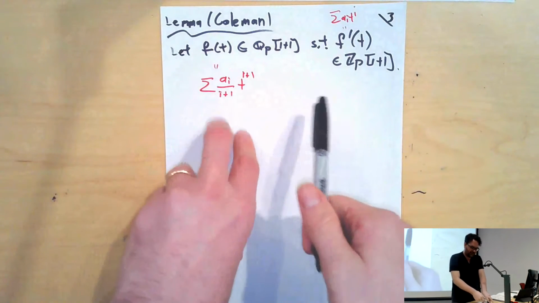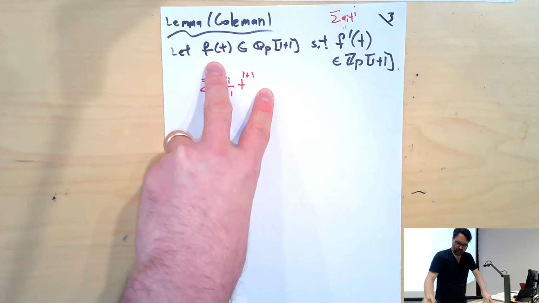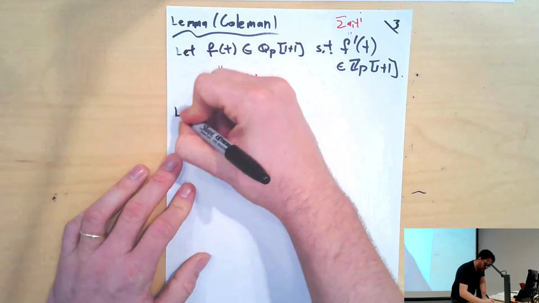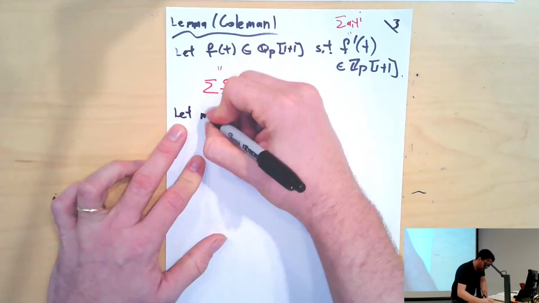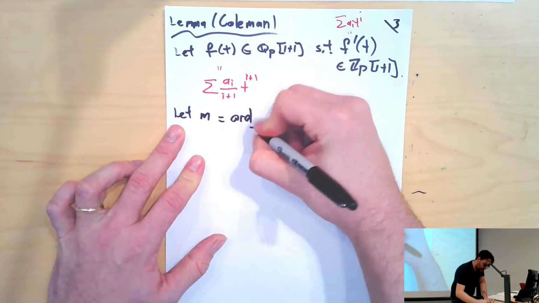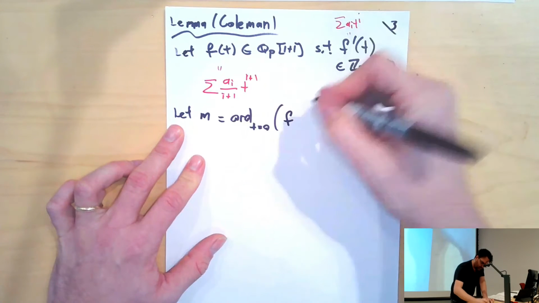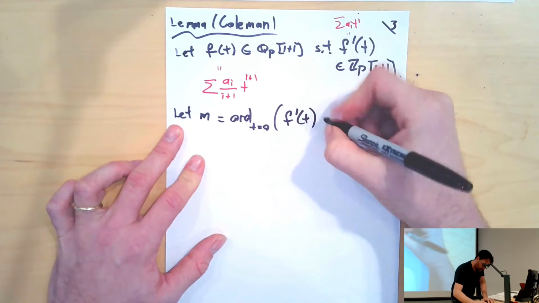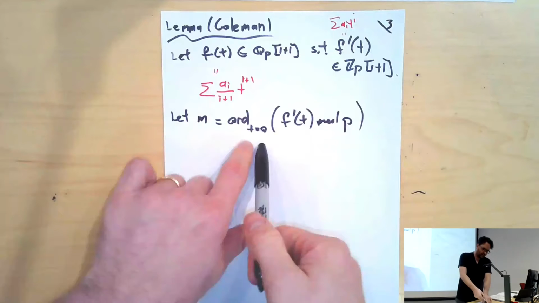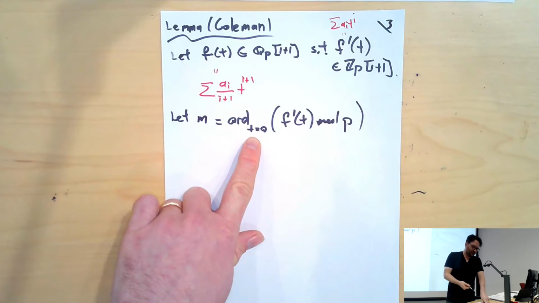So this is the integral, the f that we started with on this slide. And then let m be the order at t equals 0 of the derivative mod p. By order at t equals 0, I mean the first non-zero power of t that appears.